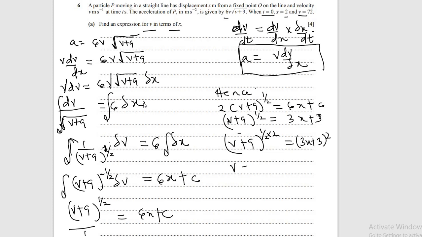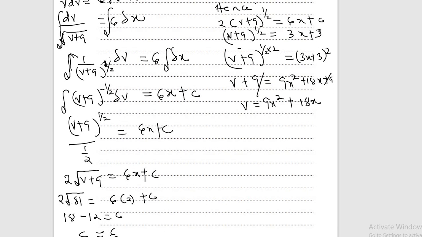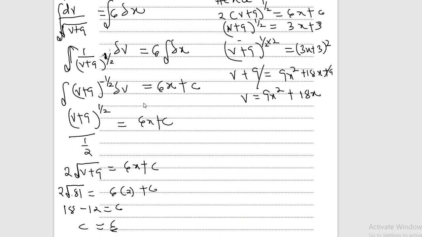At the end of the day, we have v plus 9 equal to 9x squared plus 18x plus 9. 9 cancels 9, and v is 9x squared plus 18x. So you have found v in terms of x, and you can leave the answer like this.